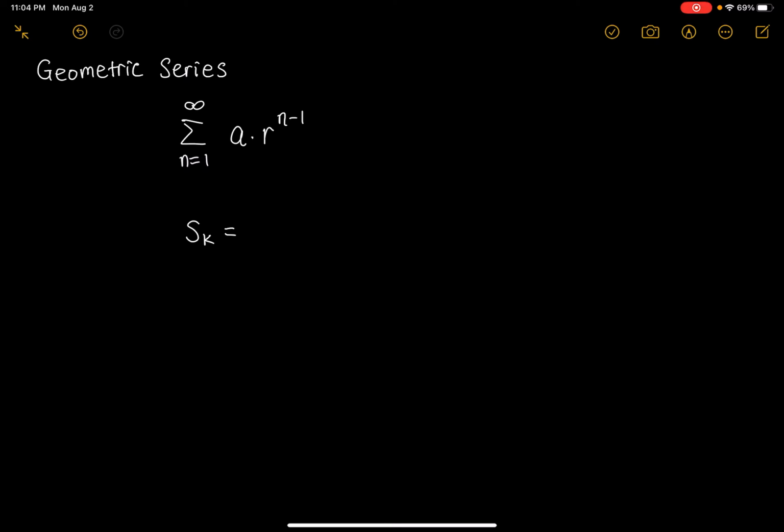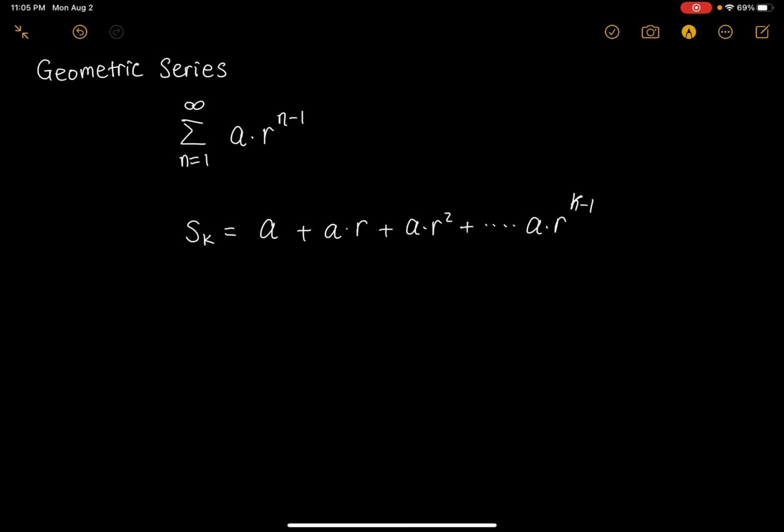To derive it is not too hard. You write S of k, then multiply by r, and subtract each other. Maybe I can write it out. So a plus a times r plus a times r squared, and so on, all the way to a times r to the k minus 1 power.